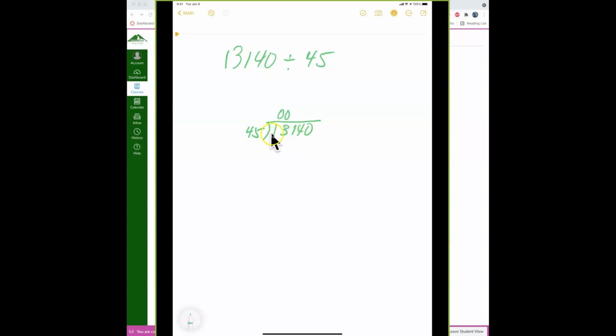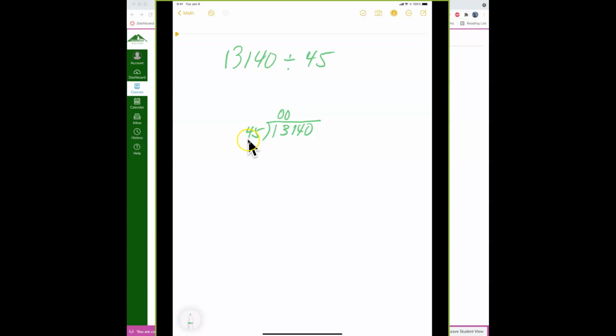This is a big enough number for 45 to go into at least once, but we want to get a high enough guess that the remainder, when we subtract the product, will be less than 45. So 2 times 45 would be 90, right? We're just going to guesstimate it. 45 is almost 50.